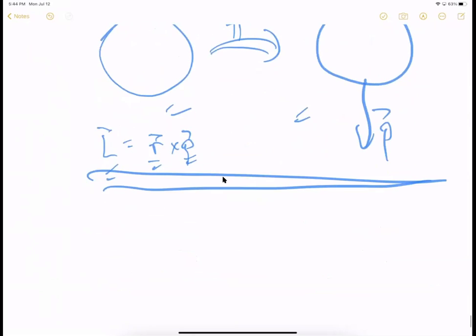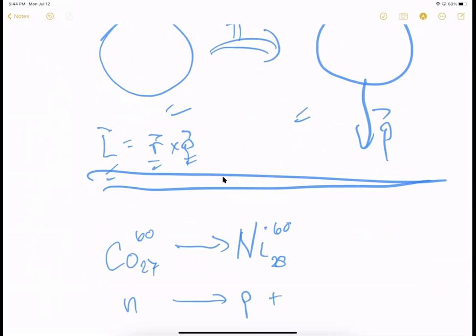And Cobalt 60, with 27 protons, decays into an excited state of nickel 60, with 28 protons. What we're looking at here underlyingly is a neutron going to a proton. And so you expect to see an electron and an antineutrino come off. So you do.